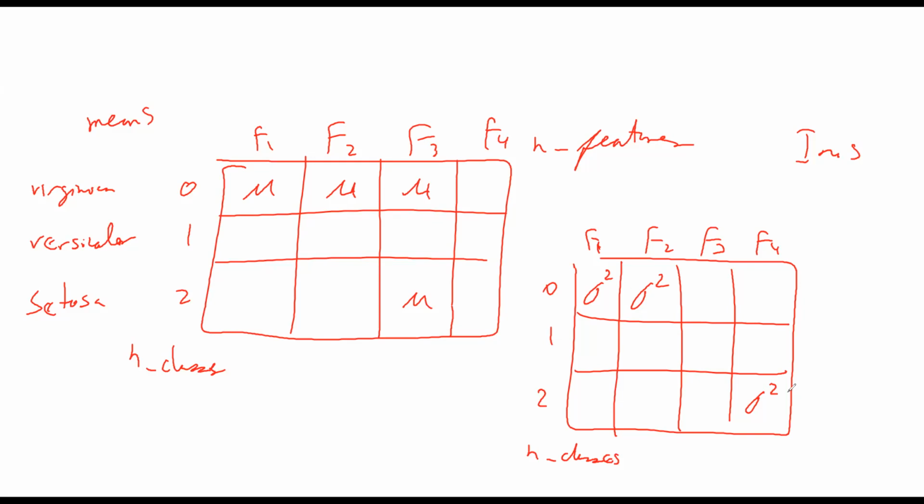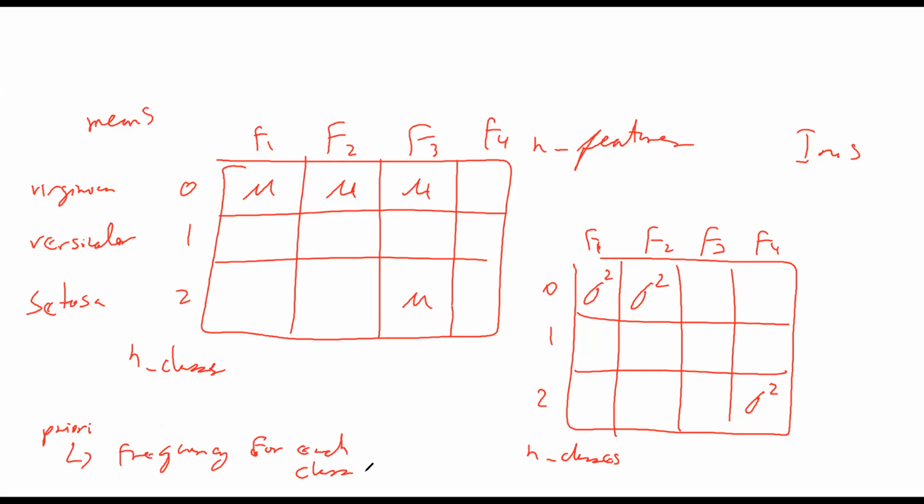Okay. The priors, if you remember, the prior just means we need the frequency for each class. Okay, so we just need the frequency for each class.